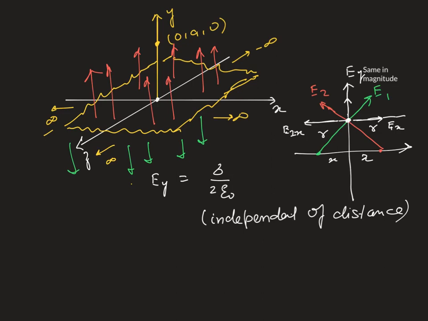And that field is independent of distance. No matter what the value of a is, the field is always sigma by 2 epsilon naught. That is the interesting part about an infinite sheet.